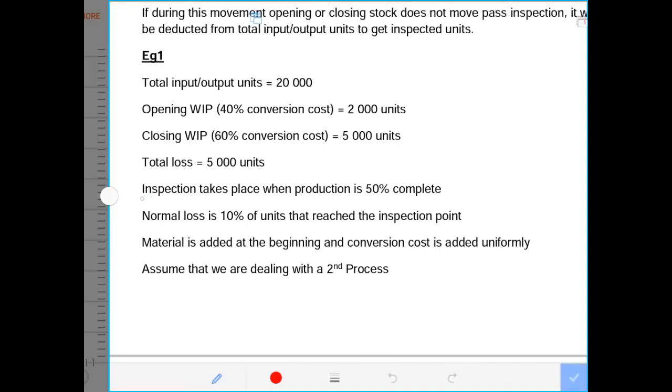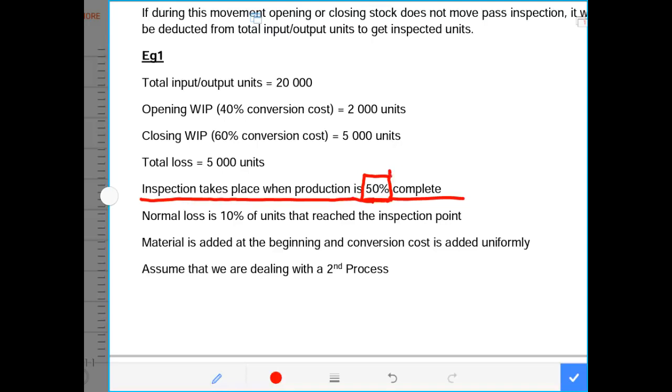So now it says inspection takes place when production is 50% complete. That means when the units are 50% in terms of completion, or when the units are half done, there will be inspection, and the minute inspection takes place at 50%, we'll be able to determine if we made a loss during the process of production.